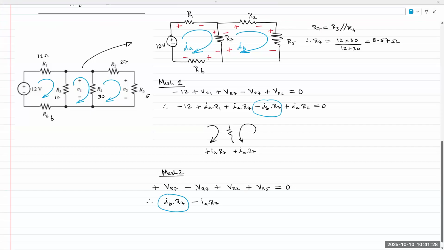And again, the signs are flipped, again, because we're writing KVL expression for mesh number 2. And that's it. Those are the two mesh equations. At this point, we plug in all the known values, constants, combine them to get linear equations, and we solve.